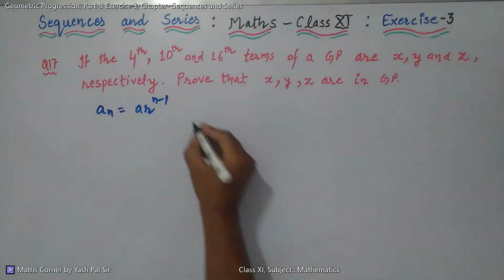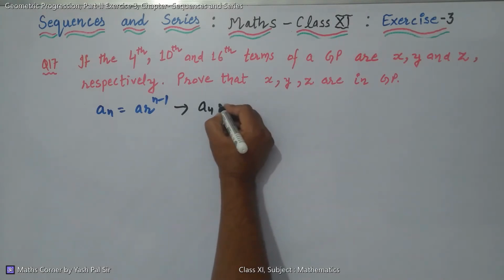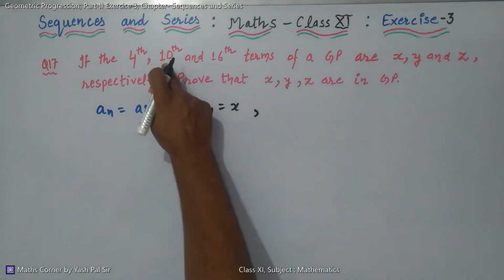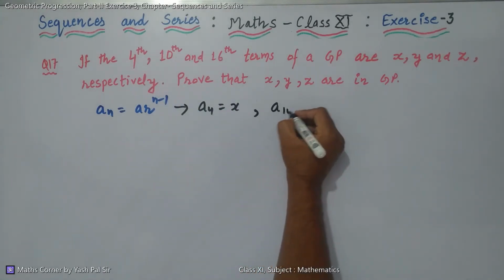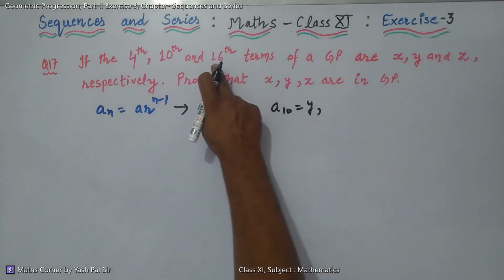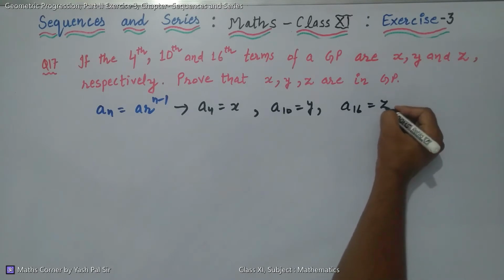This is given to us that the fourth term a4 is equal to x, the 10th term a10 is equal to y, and the 16th term a16 is equal to z.